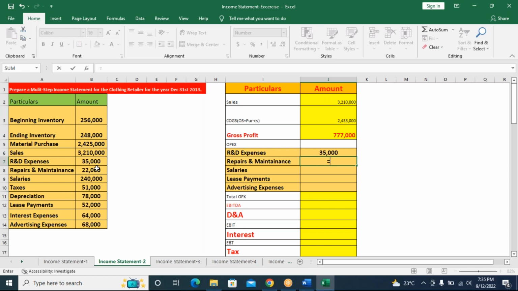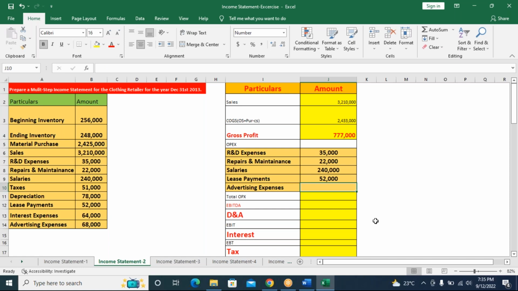22,000. Very good. So salaries. 2,40,000. Is equal to 2,40,000. I'm just selecting the cells directly, girls. Don't get confused. So lease payment. 52,000. Very good.